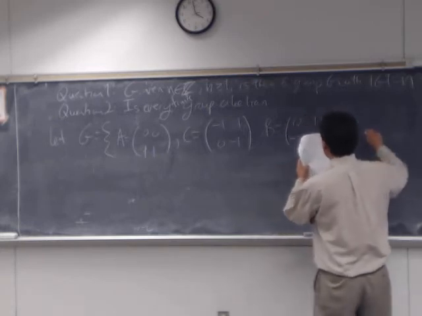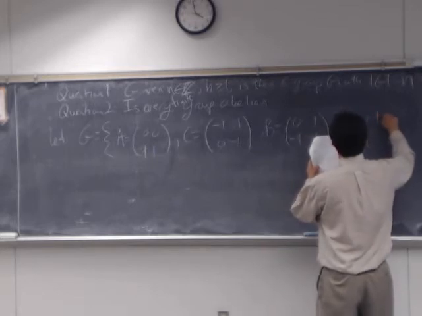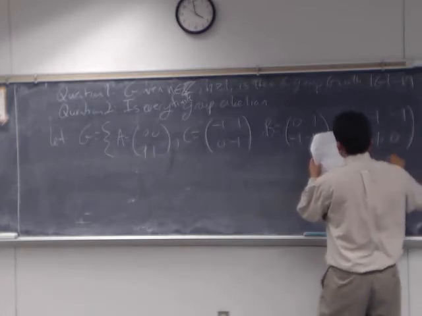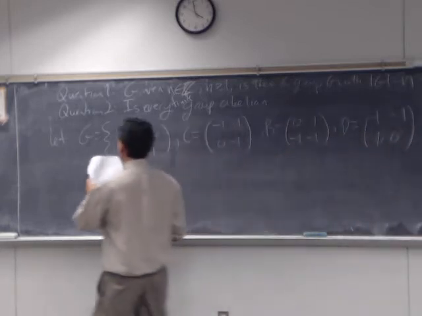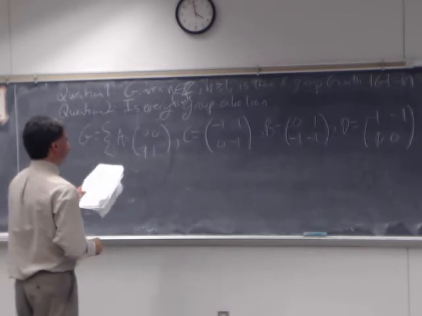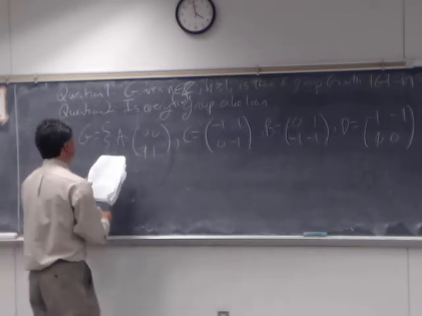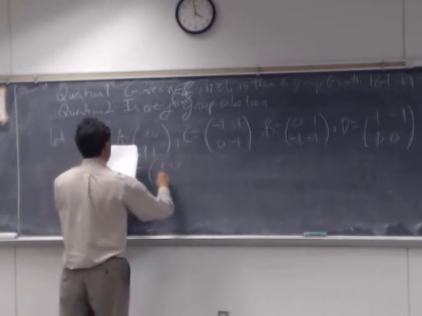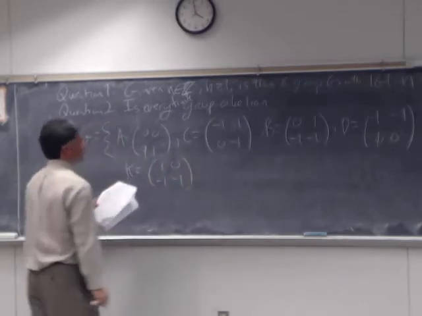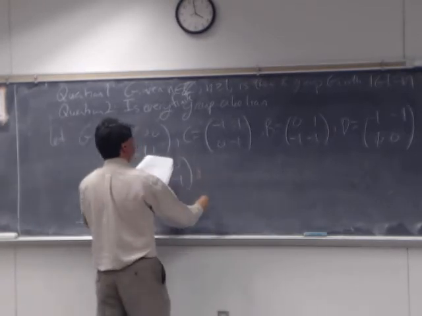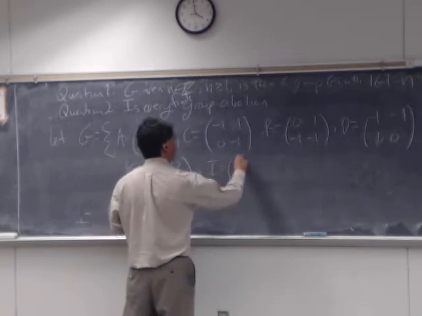D we've also used before in the example of a group with 3 elements. K, and finally I, the identity element.